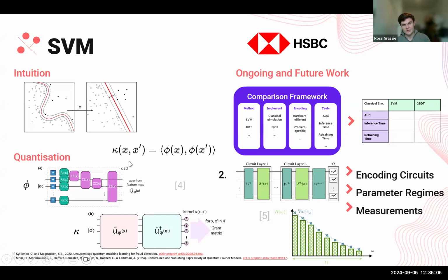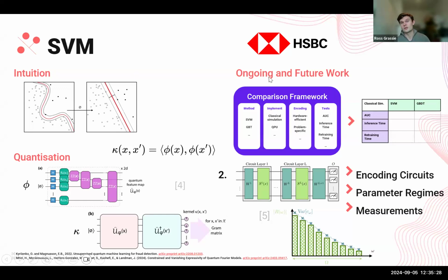All that's going to happen is the calculation of this kernel is going to be sent to a quantum computer. We'll get back a classical solution, which will then go into the workflow as it was before. So as Oliver said, we're looking at quantum computing complementing classical computing, not replacing it.